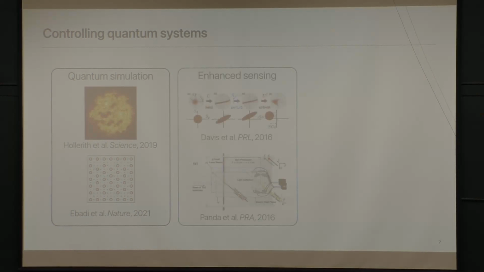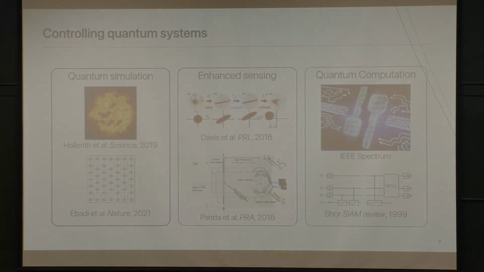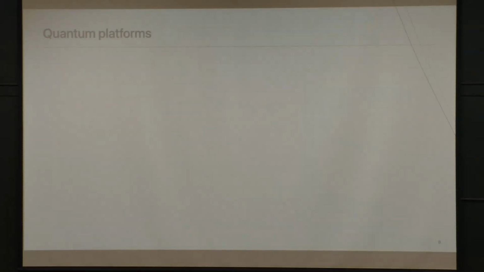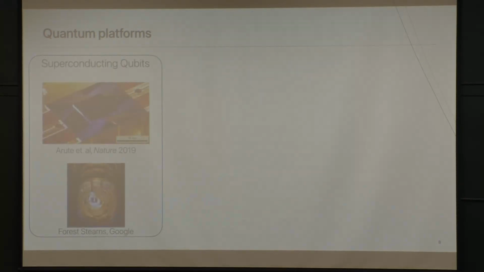You can try preparing entangled states that leverage quantum correlations to be more sensitive to physical phenomena. And maybe if you really like prime numbers, there's quantum computation. There have been a number of remarkable results and improvements in a variety of quantum platforms over the last 50 years or so.